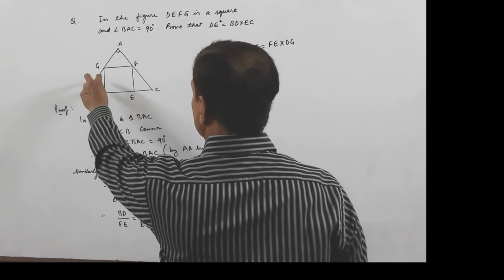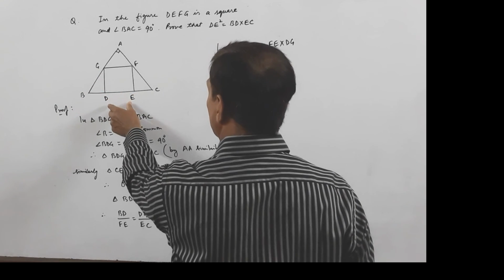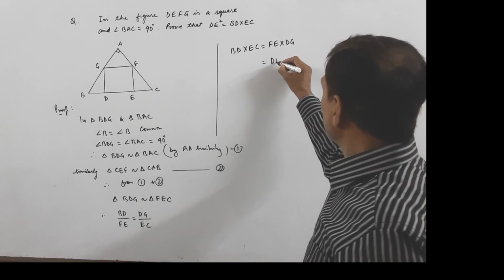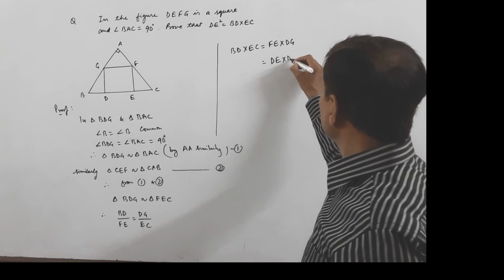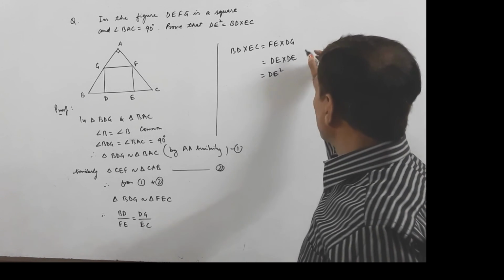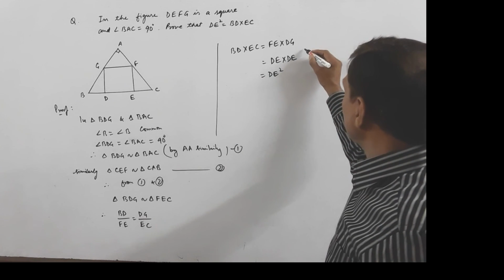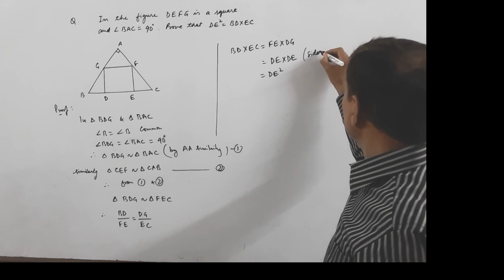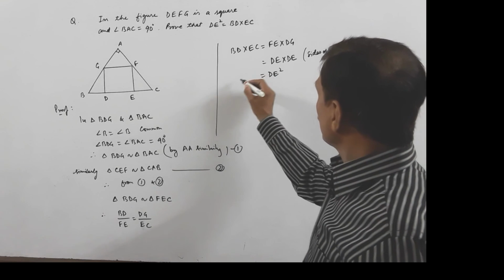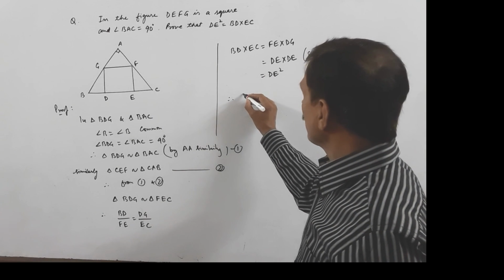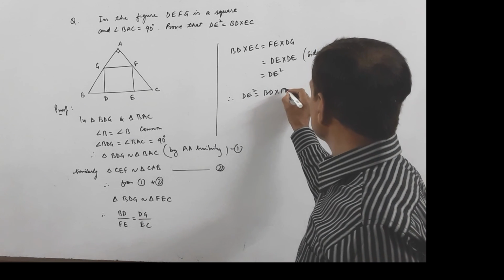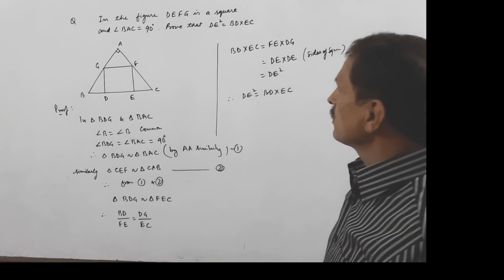FE and DG are the sides of the square which are equal to DE. DE cross DE is equal to DE square because sides of the square. Therefore, DE square is equal to BD cross EC. Hence, proved.